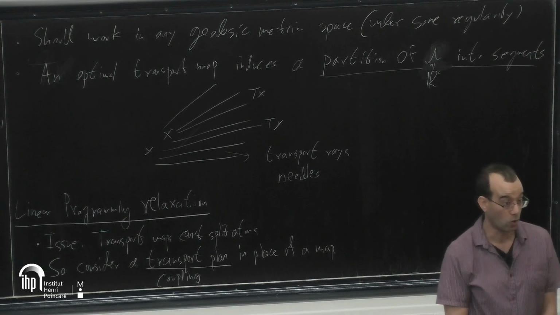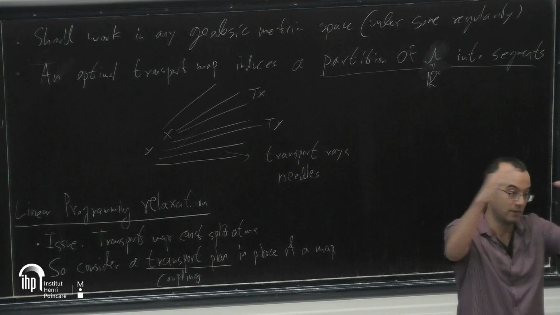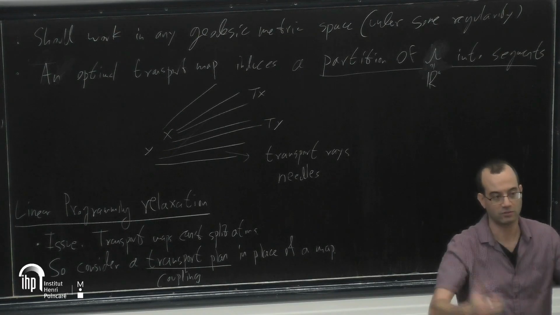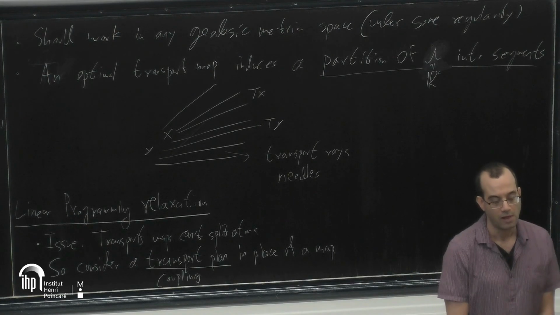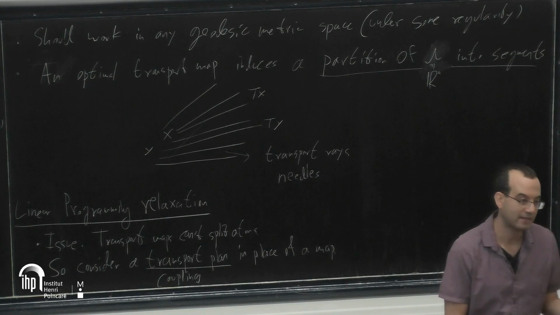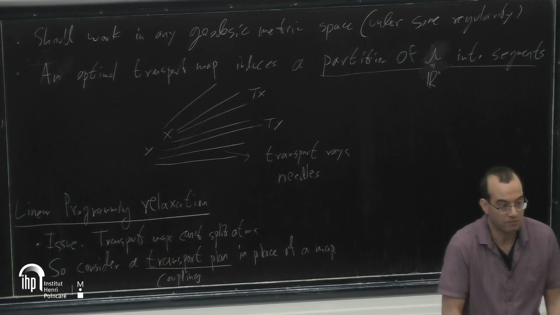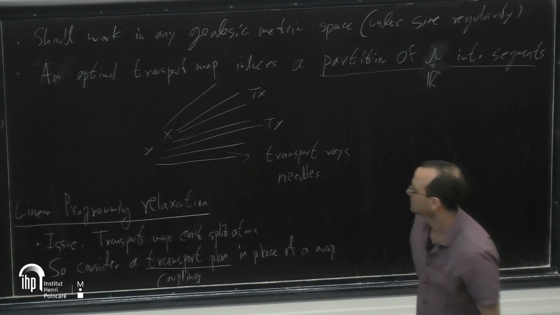I claim this is a closed convex set in the space of measures on the compactification times itself, and any closed convex bounded set of finite measures is compact.